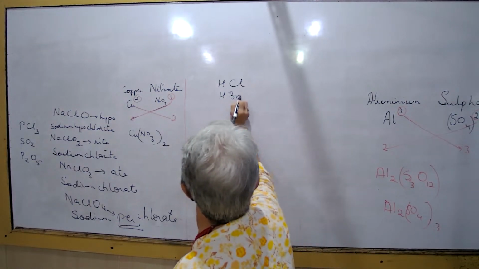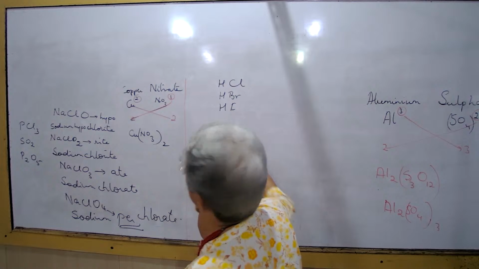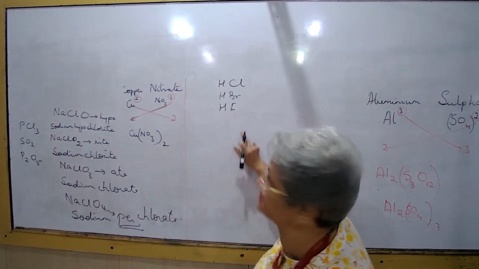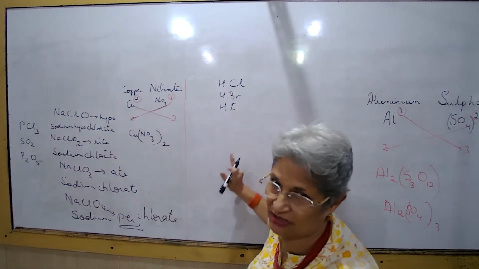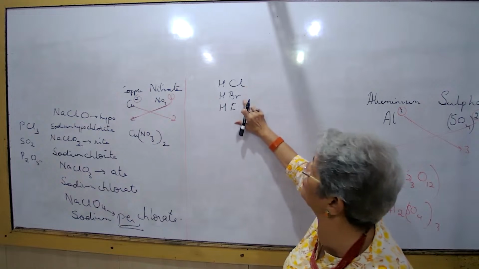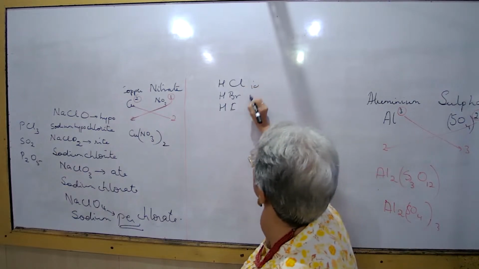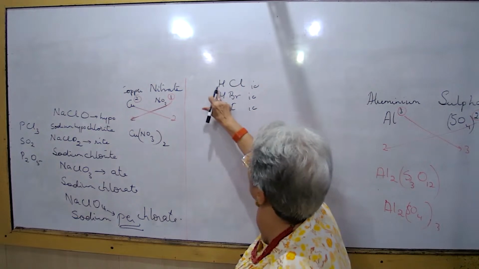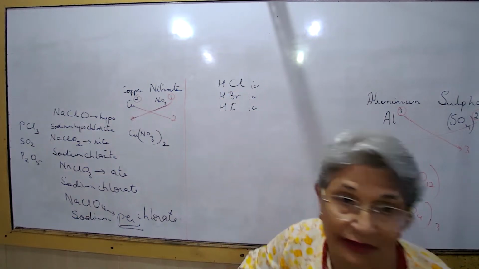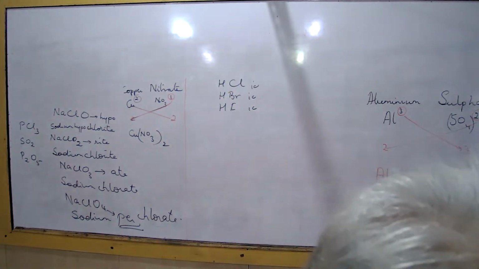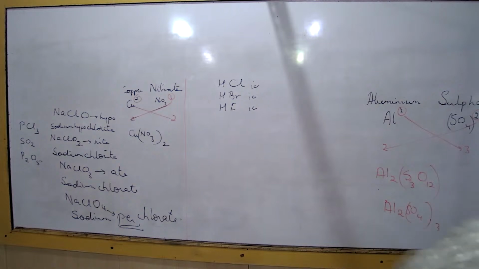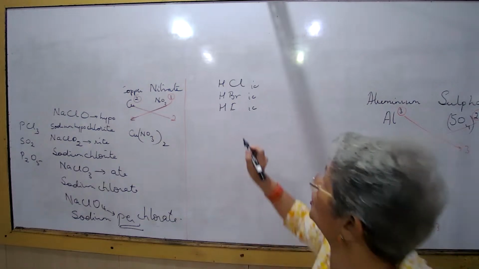Now, if you have just 1 hydrogen and 1 element, say hydrogen and bromine, or hydrogen and chlorine, this is chloride, bromide. We will call this ic. When there are only 2, hydrogen and chlorine, it becomes hydrochloric acid, hydrobromic acid, hydrofluoric acid.